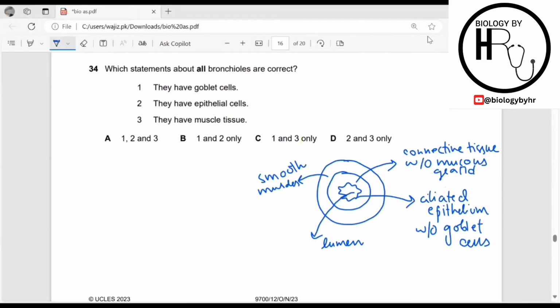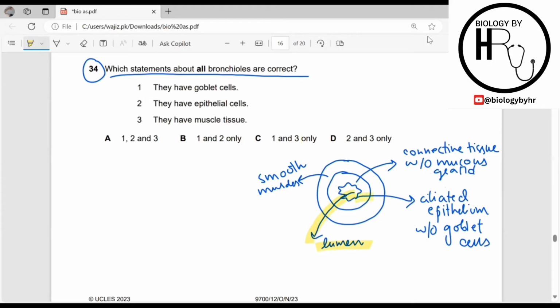Now let's have a look at question number 34. It says which statements about all bronchioles are correct. In order to do this question, we must have a look at the cross-sectional structure of the bronchioles. This arrow is indicating the lumen over here.